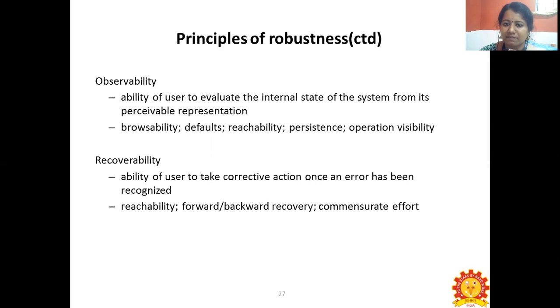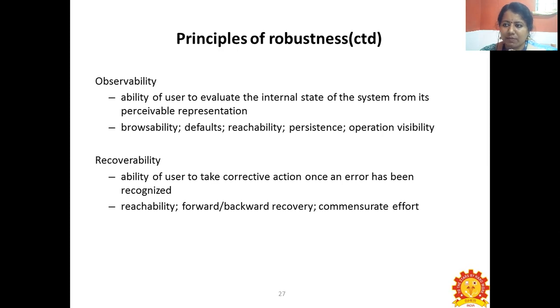The next is the observability. Here it is the ability of a user to evaluate the internal state of a system from its perceivable representations. So here we'll be using the browsability, defaults, reachability, persistence, operation visibility. So these come under the principles of robustness under the observability.